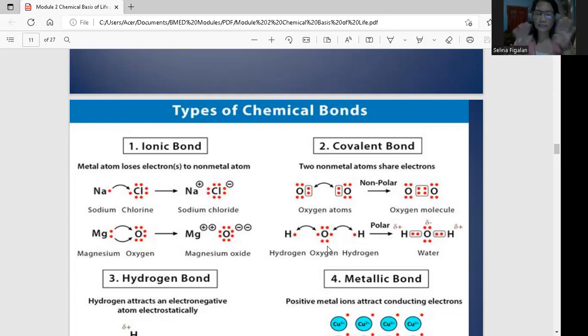Then the oxygen needs two electrons, which will attach to the oxygen to make 8. Okay? You have to check that on the internet if you did not understand. Okay?